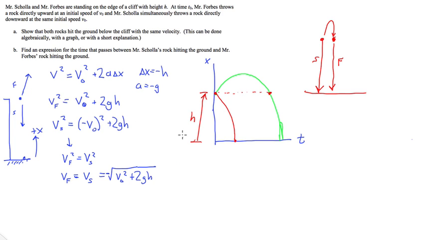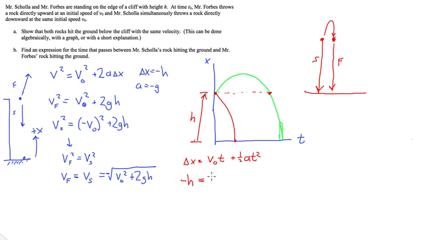For part B, find an expression for the time that passes between the two hitting the ground. You can do it the straightforward way, where you say delta x equals v naught t plus 1/2 a t squared, and delta x is going to be negative h for the rocks.